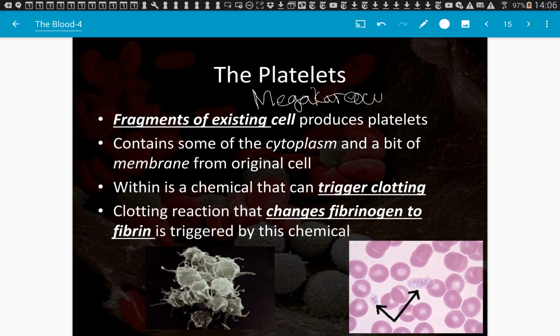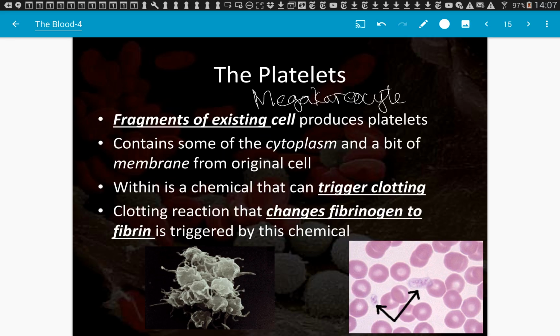I have a picture coming up later. So they're fragments that have broken off from this megakaryocyte, and they just are a sack of chemicals. And so they have cytoplasm from that large cell, and then the membrane, obviously, to hold it all together. And the chemicals that are within there are the ones that are necessary to start the whole clotting process.